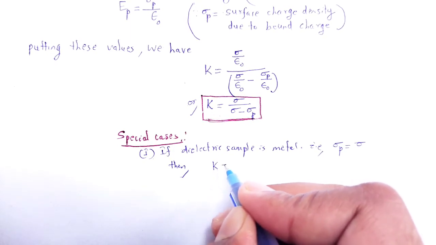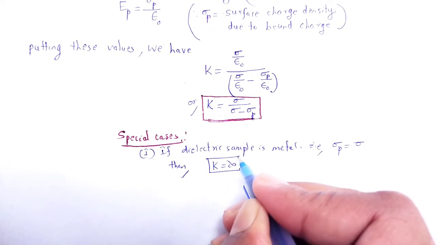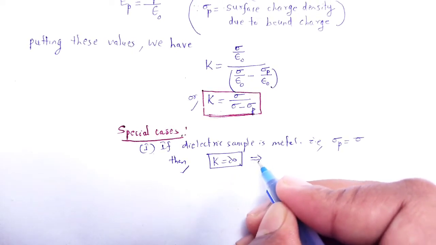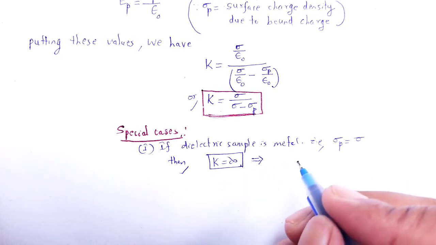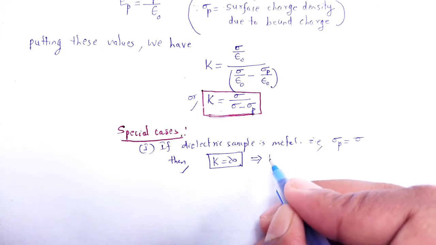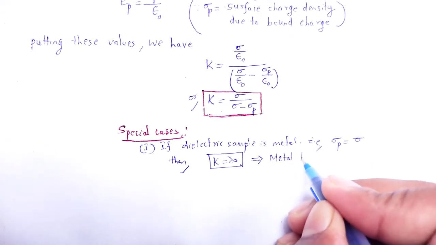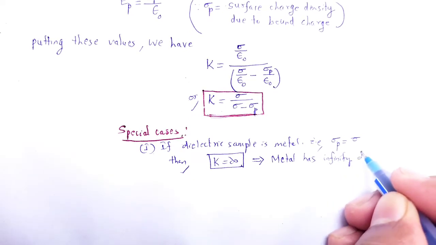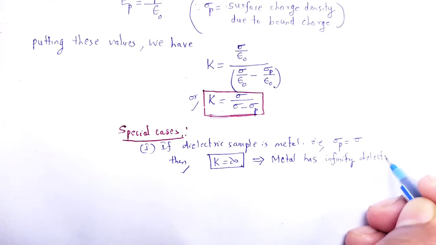Therefore, K is equal to infinity. That indicates metal has infinite dielectric constant.